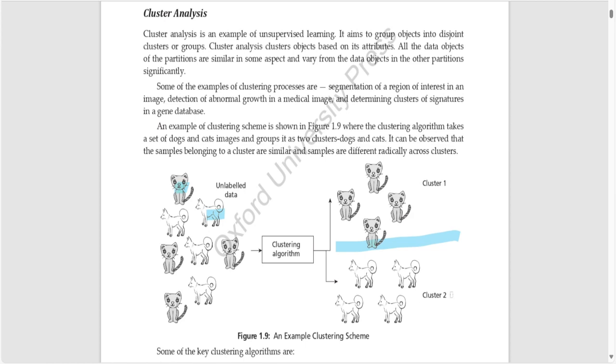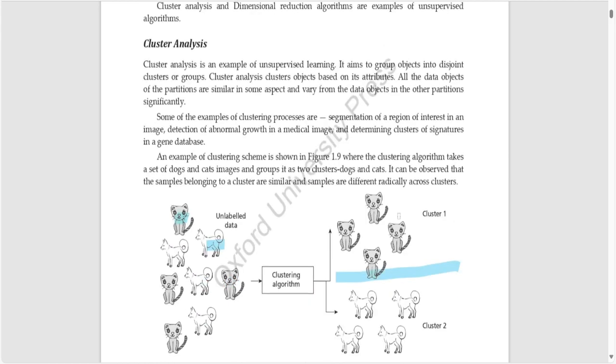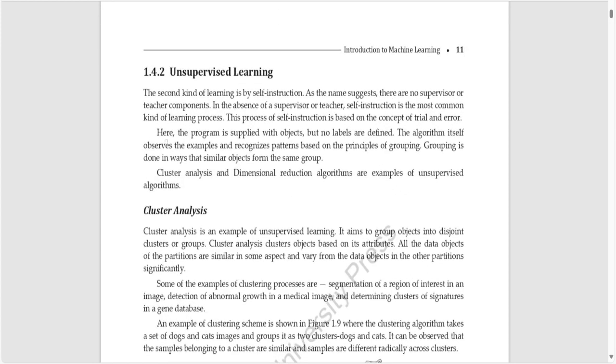I have taken a simple example just to tell you. Like this, the trial and error method will be done, and all the unlabeled data set will be grouped into some clusters or groups, so as to continue the process. This is the only thing which happens in unsupervised learning.